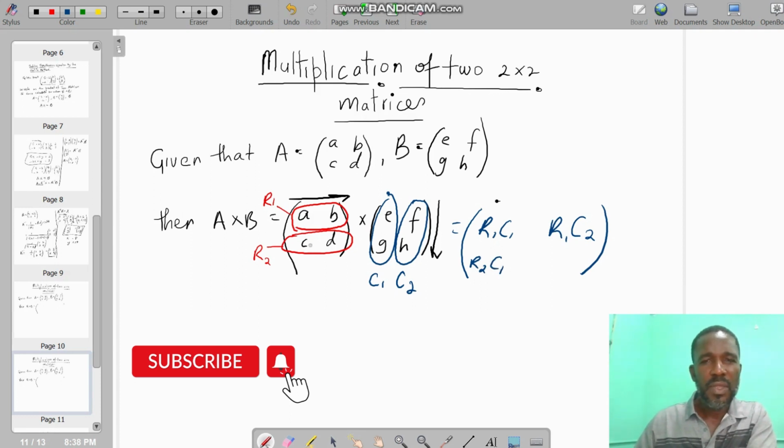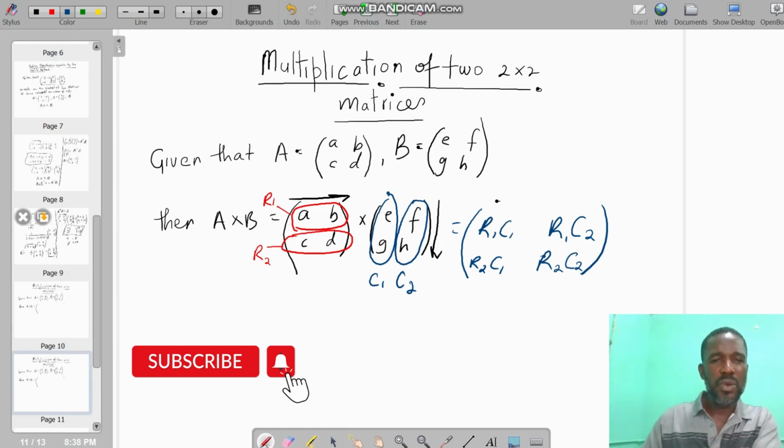And the fourth element is row 2 times column 2. Okay, so let's go ahead and multiply.